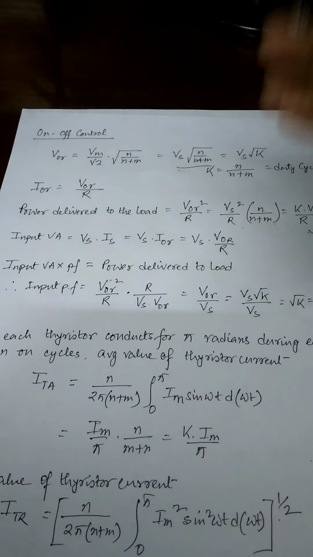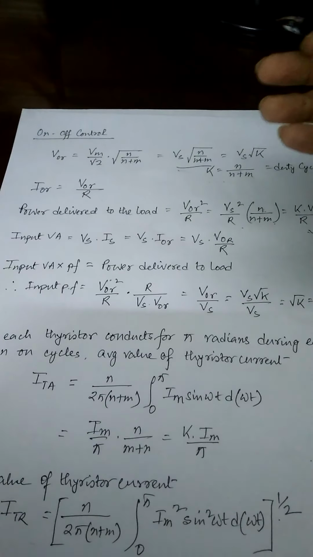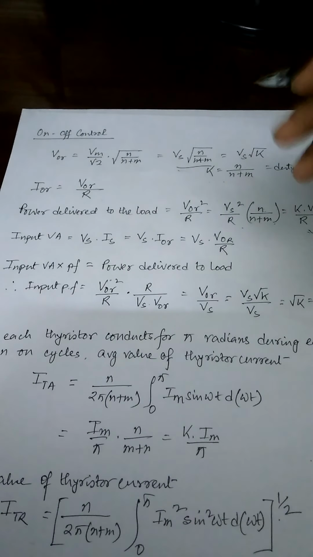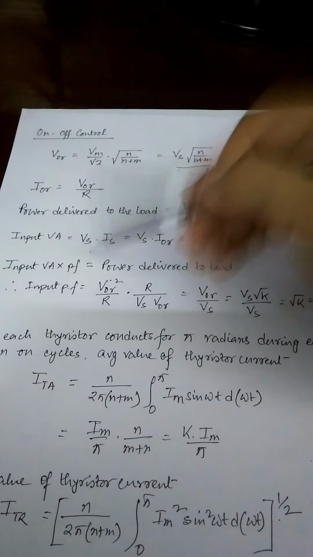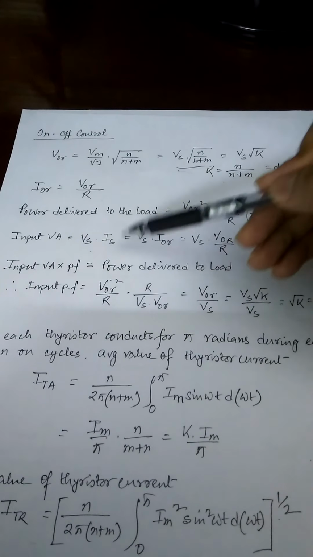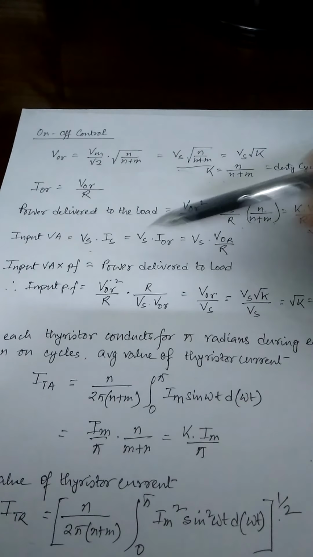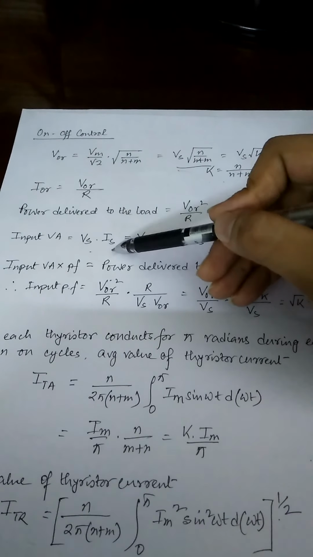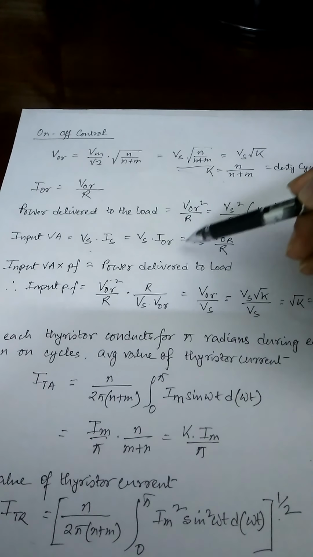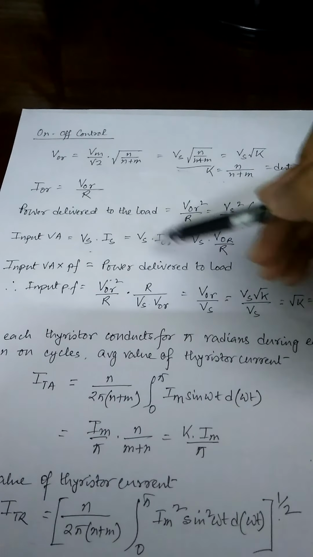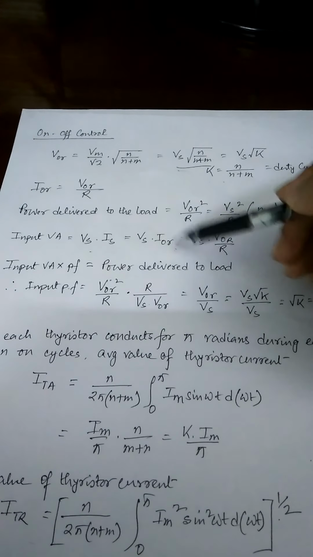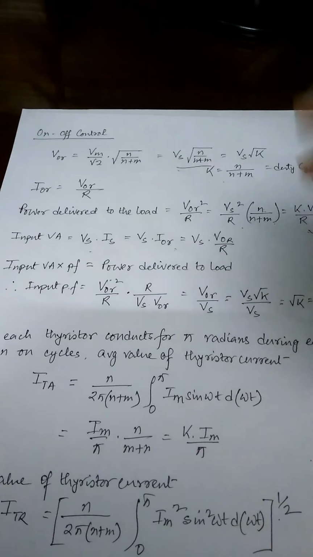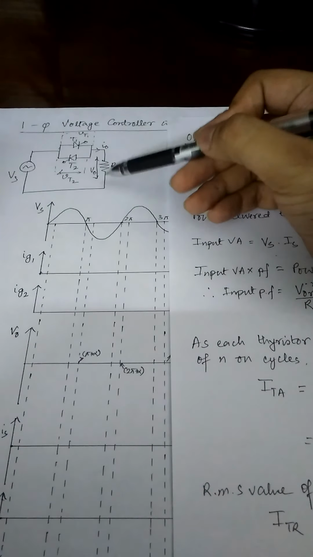Now if we are considering the input power, what is the input power? Obviously the input power will be the source voltage into the source current. Now what is the value of the source current? Actually this source current value is nothing but the value of I0R, that means the RMS value of current that is supplied to the load. Because from the circuit, you can see this is our circuit.